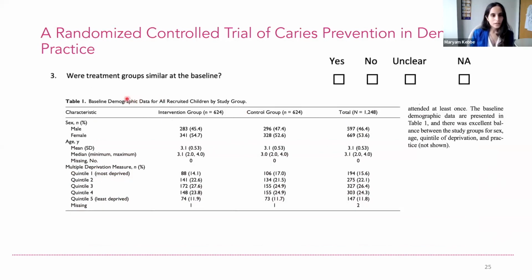The third question is whether treatment groups were similar at baseline. So this again refers to the potential of being a threat to internal validity if there were differences, major differences between the groups. If there was one difference, then you can assume that your randomization was done adequately.